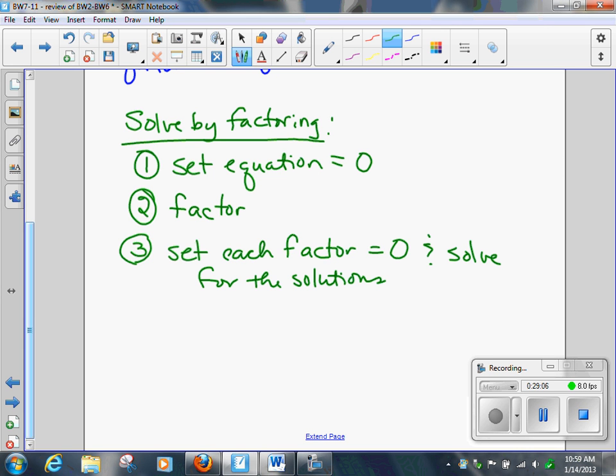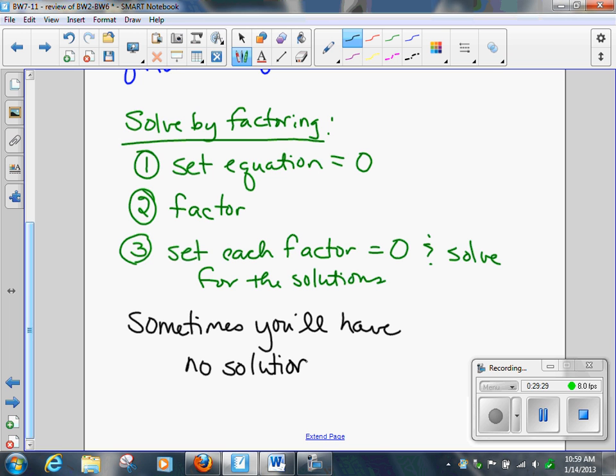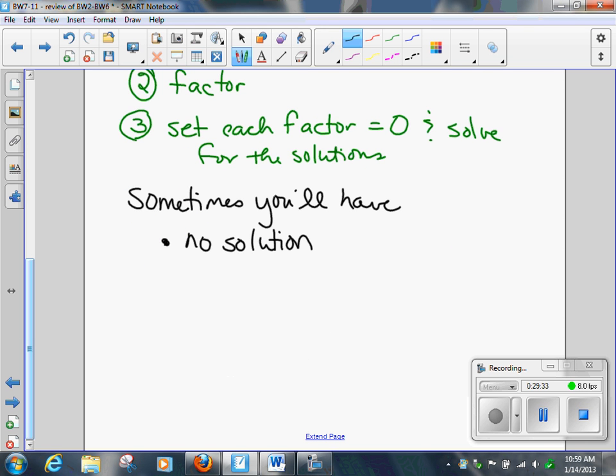All right, so solving by factoring. You got to remember that sometimes you have a no solution, like you flat cannot get a solution out of there.